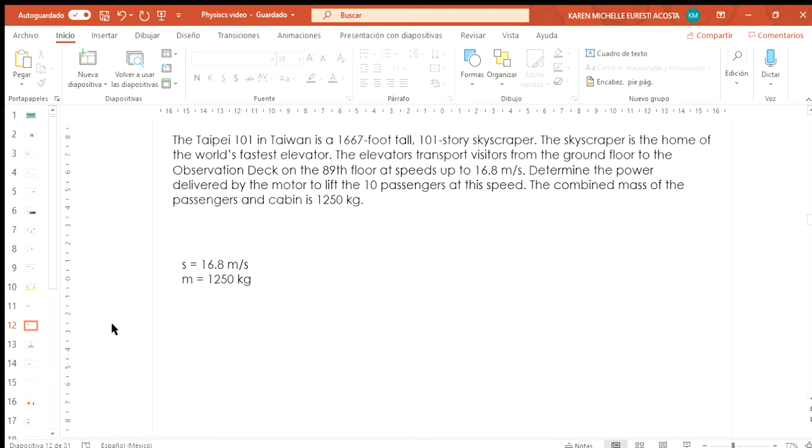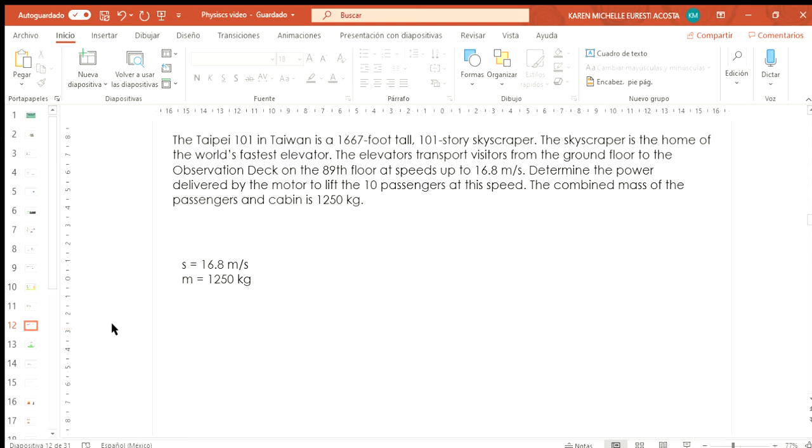This problem says the Taipei 101 in Taiwan is a 67 foot tall, 101-story skyscraper. The skyscraper is the home of the world's fastest elevator.